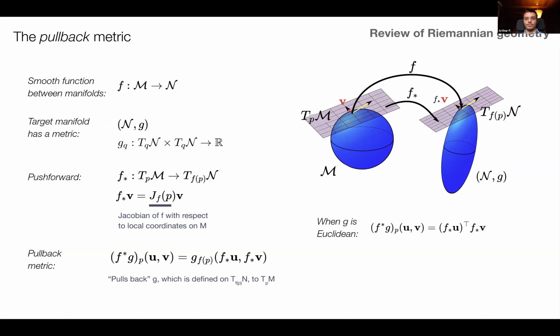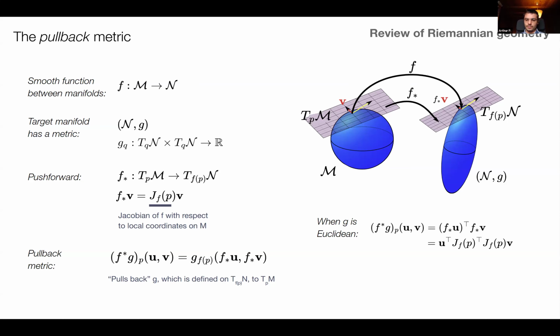So if I want to measure the inner product between two tangent vectors in the tangent space of M, I can first push them forward to the tangent space of N, and then just take their dot product, so the transpose times the other vector.